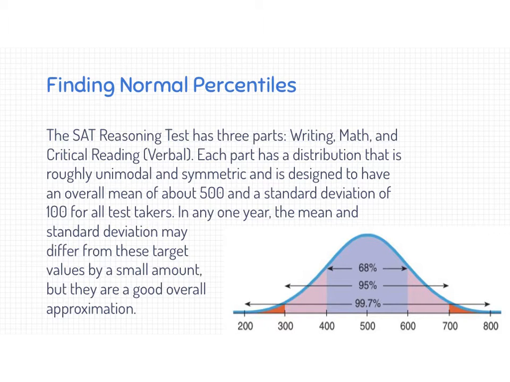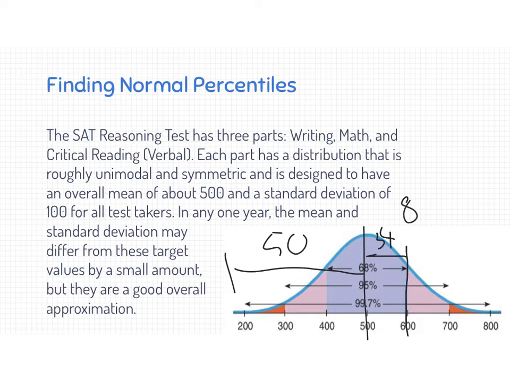We went to 600, and from there to our mean is 50, and we figured that this is 34, so you scored better than 84% of everyone else, and only 16% if you go the other side, right? Because that whole thing has to add up to 100. So that's all nice, and you guys are getting pretty good at that.